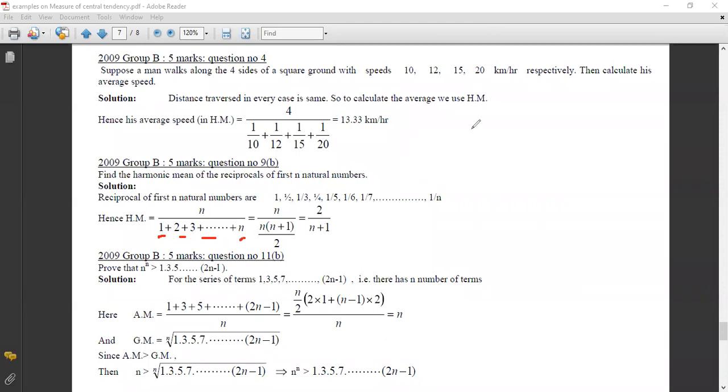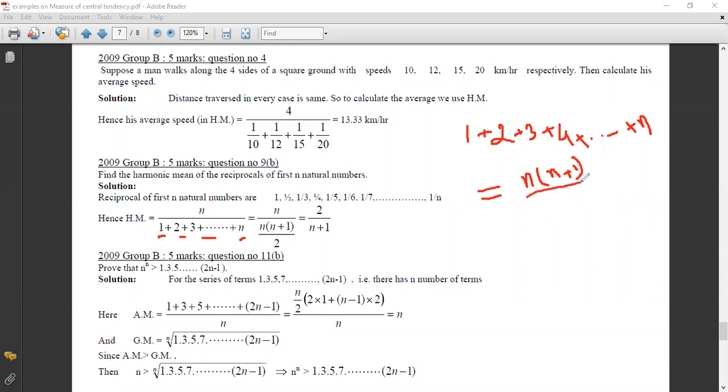Okay. Now we have to use a special formula for this. 1 plus 2 plus 3 plus 4 plus n is, we have a special formula for this, that is n into n plus 1 by 2.